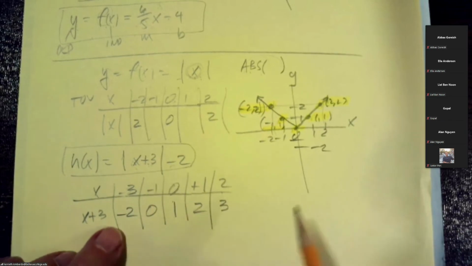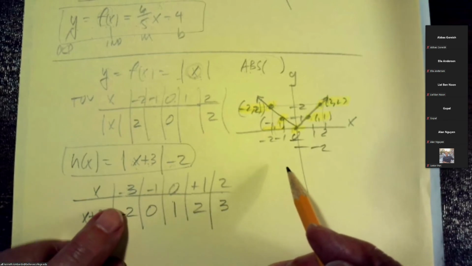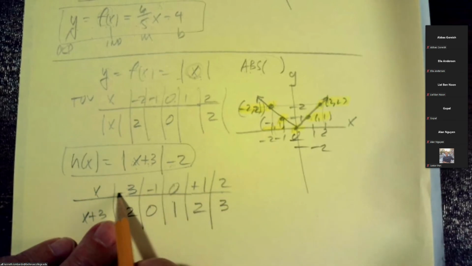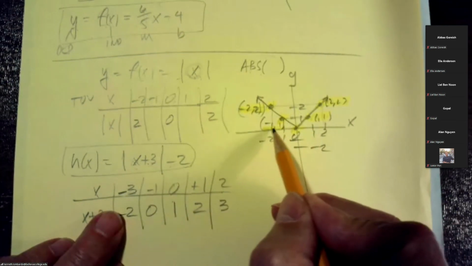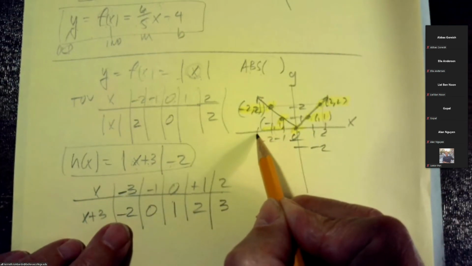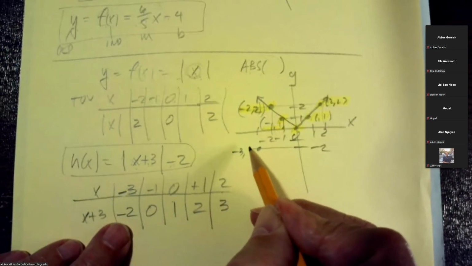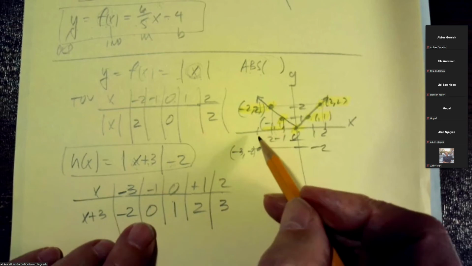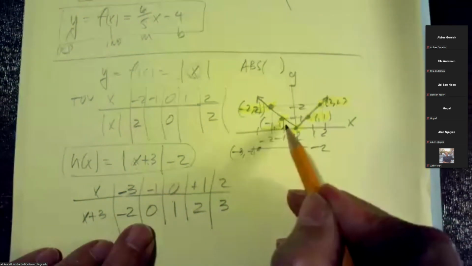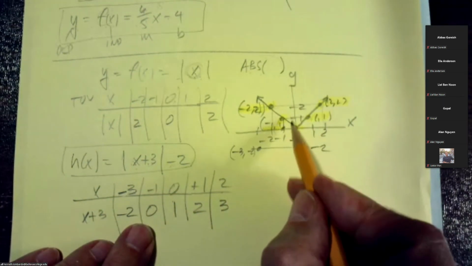So let's see if this graphs properly for us. So when x is -3, -1, -2, -3, we're at -2. So we're down here like that. -3, -2. -1, we're at 0. That's that.